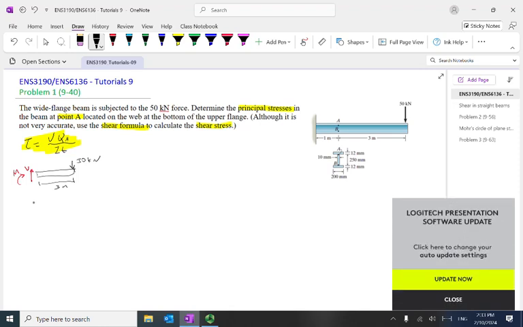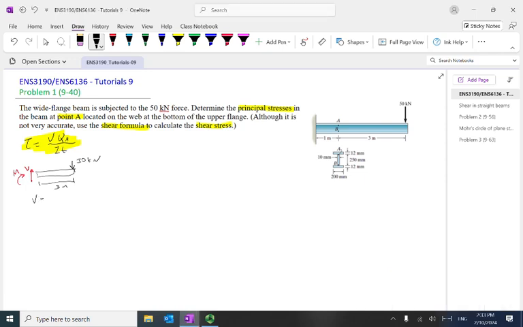Then we can work out V minus 50 equals 0. V is positive, so V is equal to 50 kilonewtons. So from here we get the V. Next we can work on I and Q. But we still work on the moment, because sometimes we need the moment, because for sigma we should know the moment.